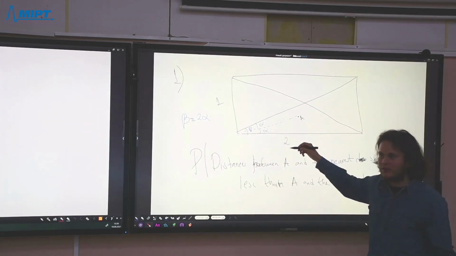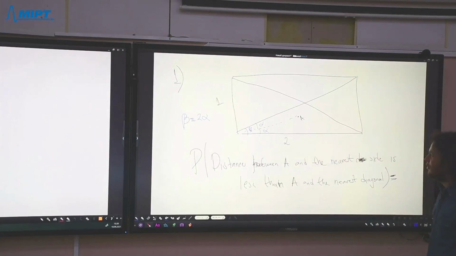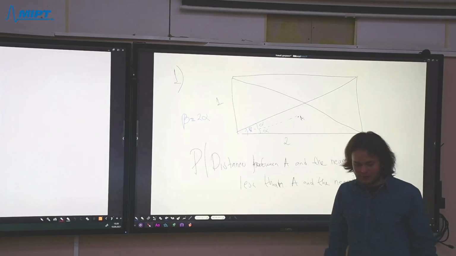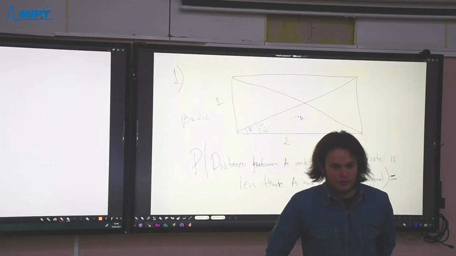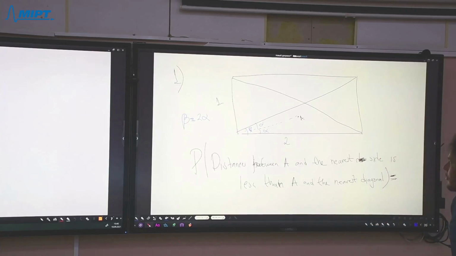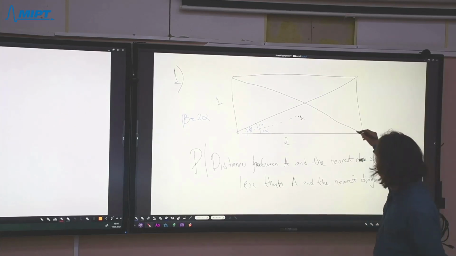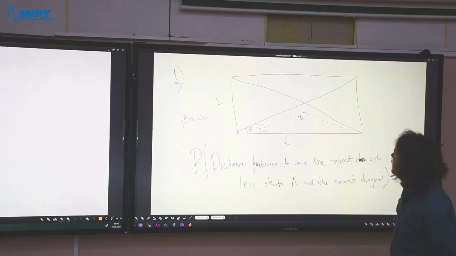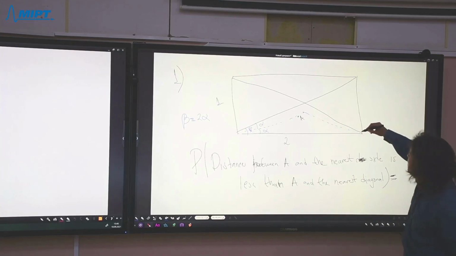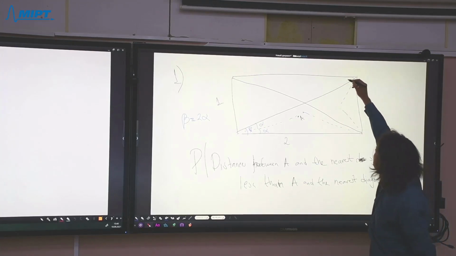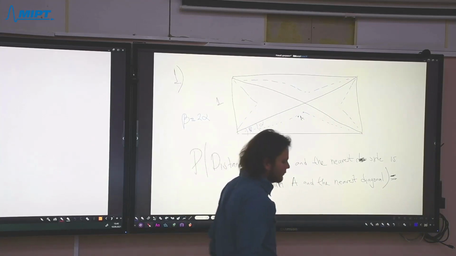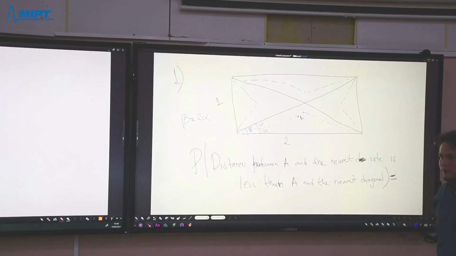Why do we need this? Because if we create this line with the next dot, and we find all of the four big triangles, this is basically the area. If we land in this area, it's going to be closer to the line than the diagonal.